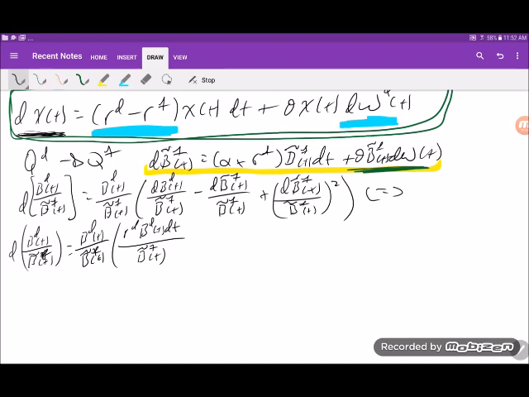Okay, and then minus, I'm sorry, that's not correct. A lot of mistakes in this one.